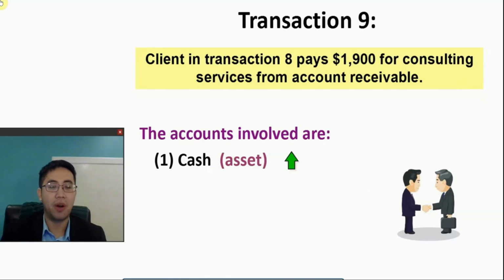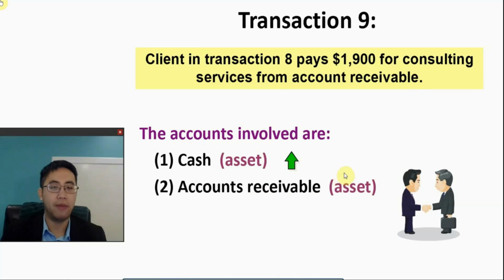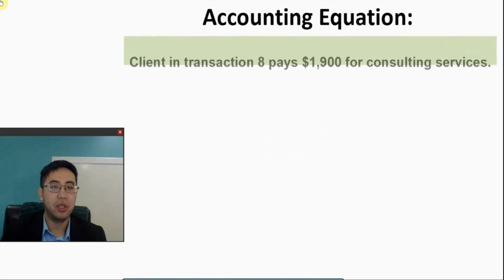Like somebody borrowed money from you, he or she would write you a note, and when they pay back the money to you, that note should be torn up and destroyed. That note should not exist anymore. Likewise, if accounts receivable is settled, then that accounts receivable will disappear, so that part of assets would be gone. Your accounts receivable will no longer exist, and then your cash increases.